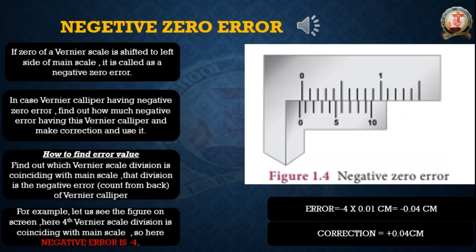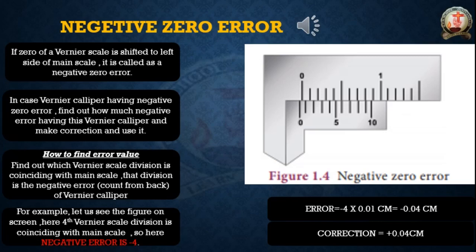You can easily understand that concept. So please see the definition of the negative zero error. If zero of a vernier scale is shifted to left side of main scale, it is called negative zero error.